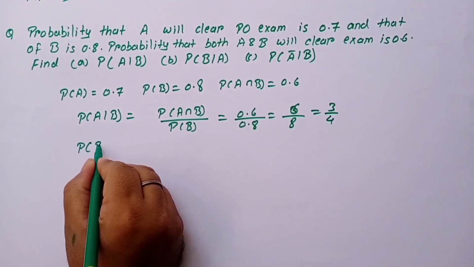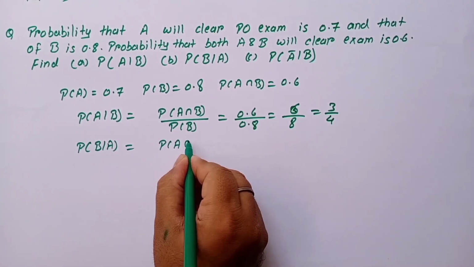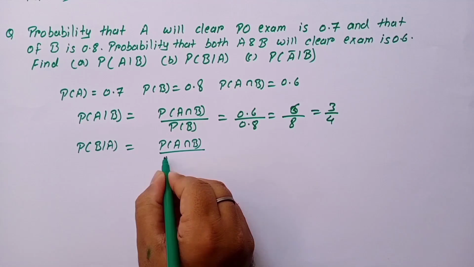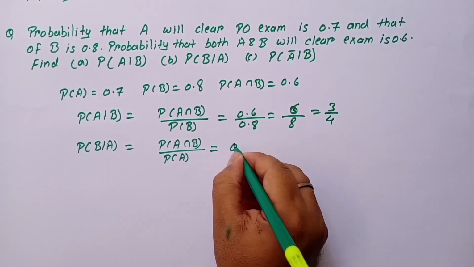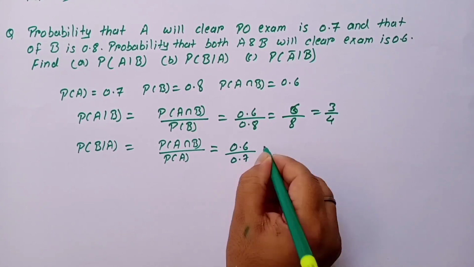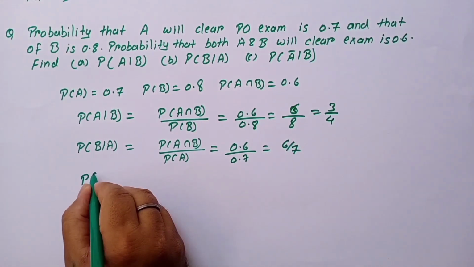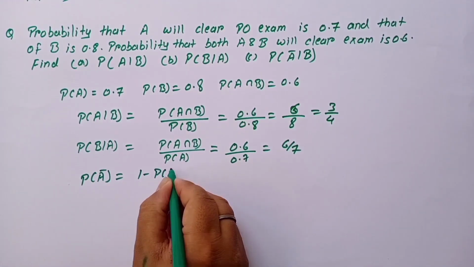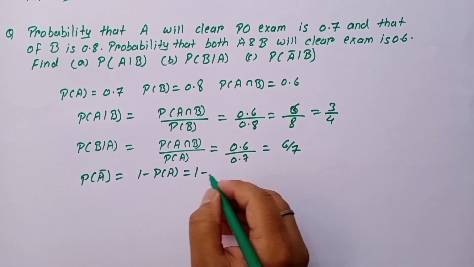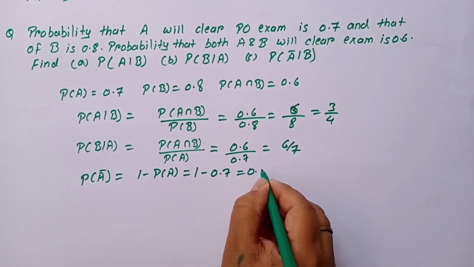The probability of B under A is the probability of A intersection B divided by the probability of A, that is 0.6 by 0.7, 6 by 7. The probability of A complement is equal to 1 minus the probability of A, that is 1 minus 0.7, that is 0.3.